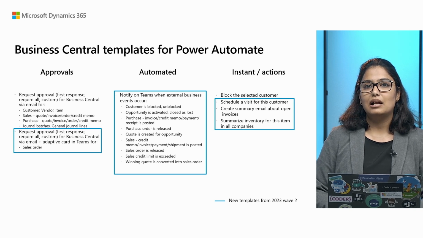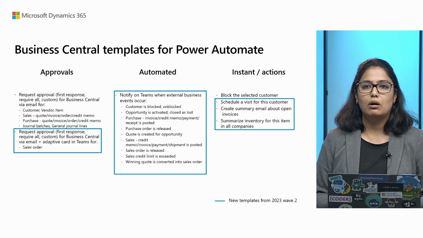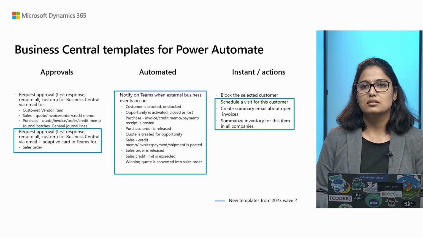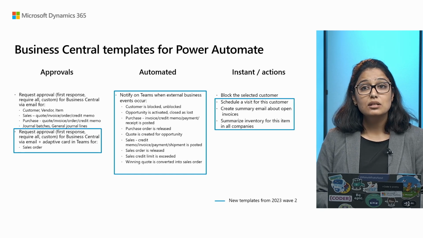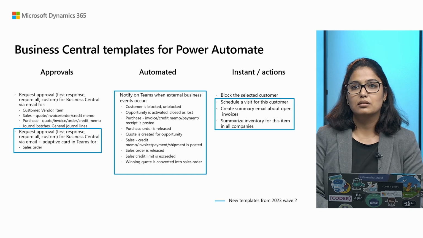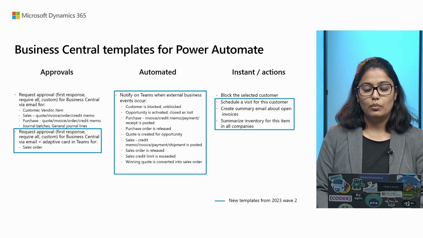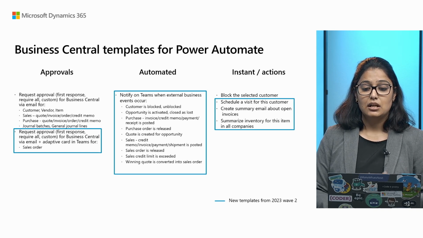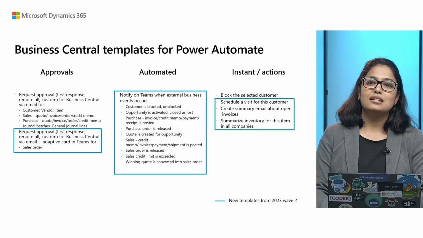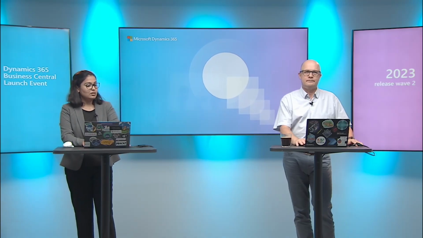These templates allow notification on Teams whenever an external business event happens, for example, a customer is blocked or a purchase order is released. We have also added new instant templates. You might have already seen the block the selected scenario in instant templates. Now we have added three more, which include scheduling a visit, creating a summary email, and summarizing inventory for an item from all the companies. So that was about the templates.